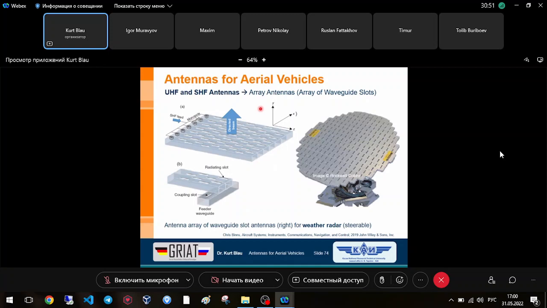And this is shown here in case of this stacked waveguide. You see here waveguides, one after another, very close together. And the antenna elements are shown here in this inserted photo.